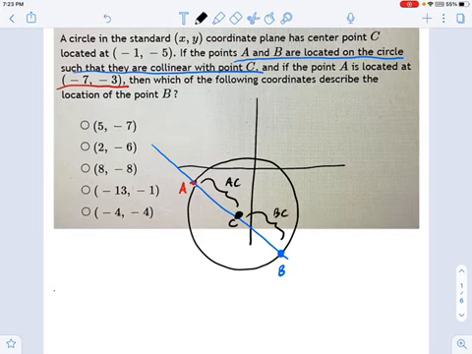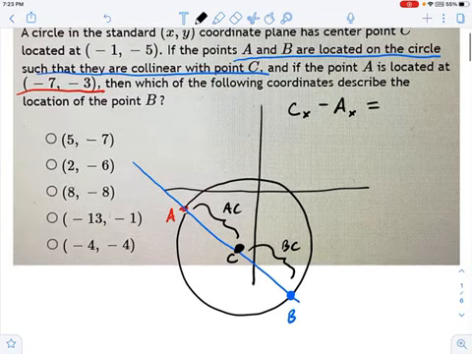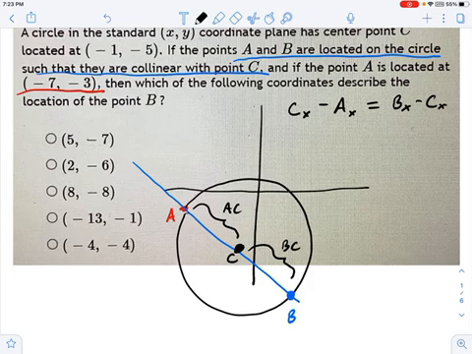Which means if I measure the x-coordinate of this thing, how far are we going in x between C and A? Well, it's CX minus AX. The x-coordinate of C minus the x-coordinate of A. That distance right there is equal to, don't know why my screen's being weird, BX minus CX.